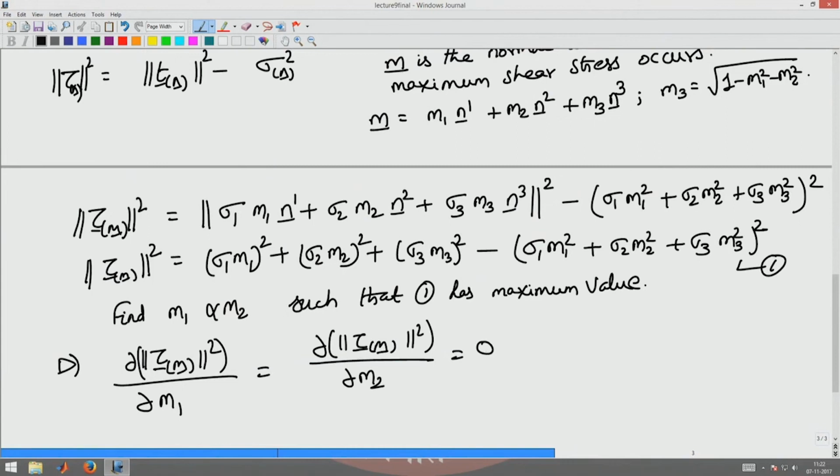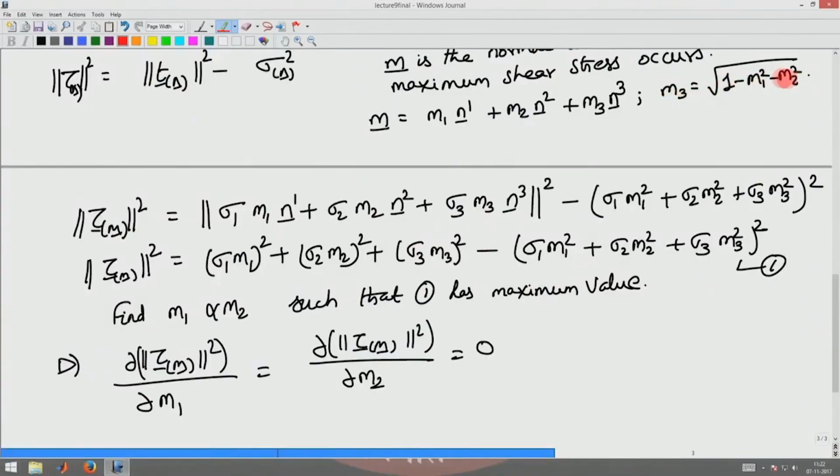I will get two equations involving m1 and m2 which I have to solve. I have to use here the fact that m3 is given by this expression in here, okay, and I have to solve for m1 and m2 from these two equations, wherein I will get that m1 is plus or minus 1 by root 2, m2 is plus or minus 1 by root 2 and m3 is 0.